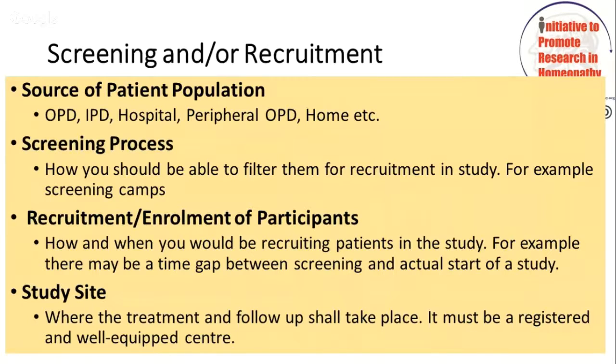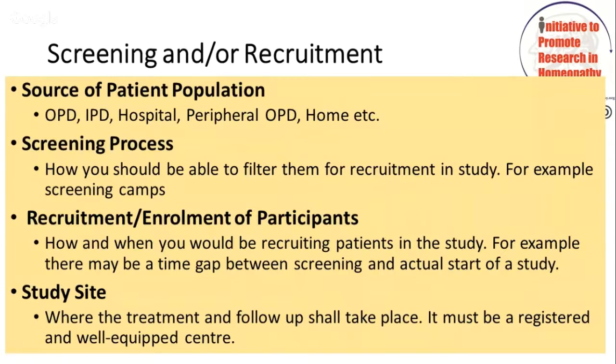For example, camps. We do camps. We went to an area, we organized one camp, and under that camp, we convinced people to take part in our research as per their inclusion criteria, or we excluded them from coming to our center because they were not fit. And when and how we would be recruiting the patients in our study, there may be a time gap between screening and the actual start of the study.